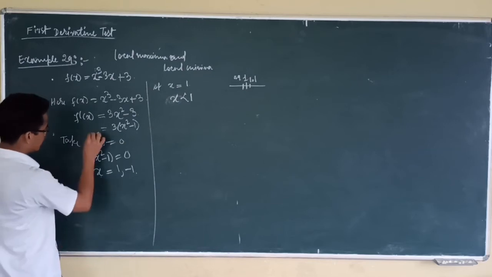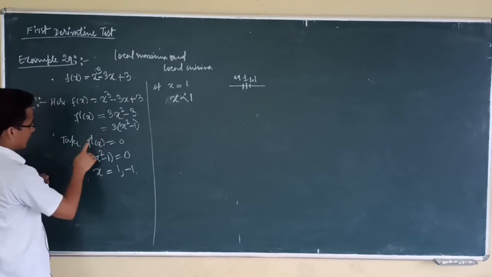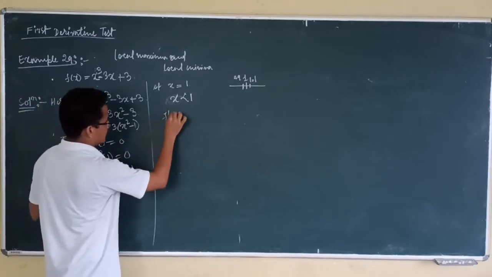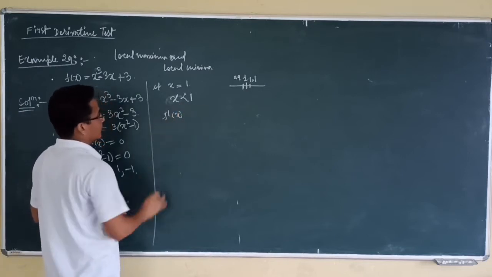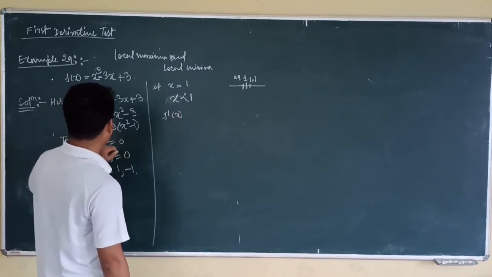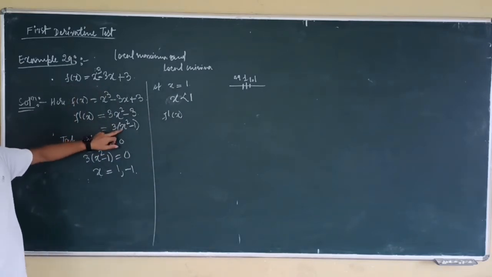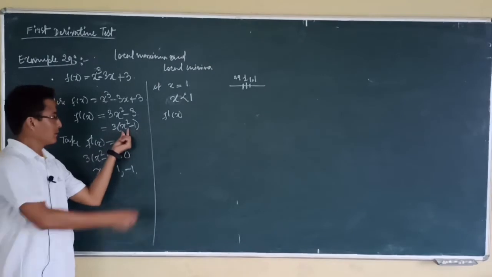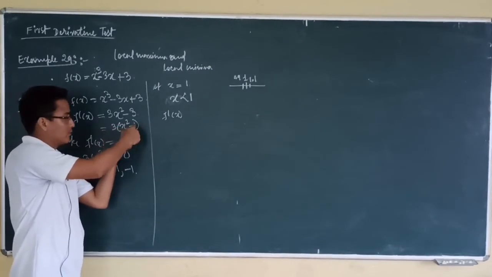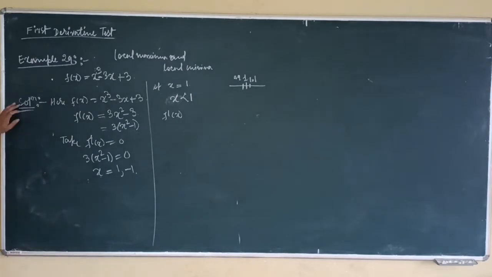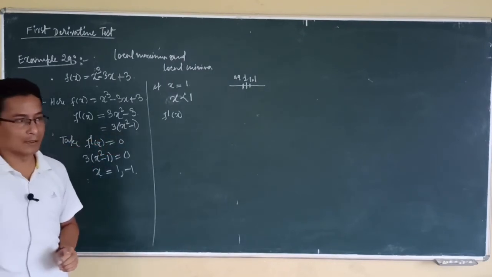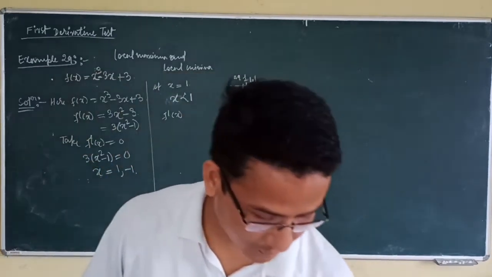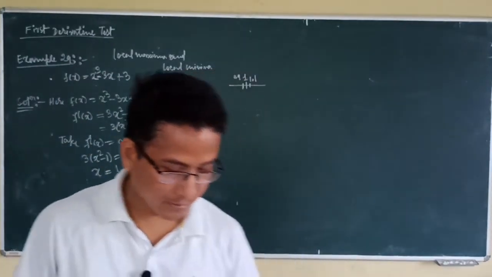Less than 1 means if you square it, you get a value which is less than 1, so the value of f dash x will be negative.